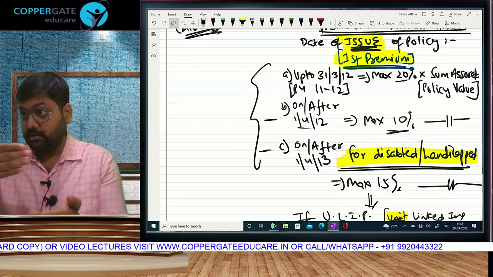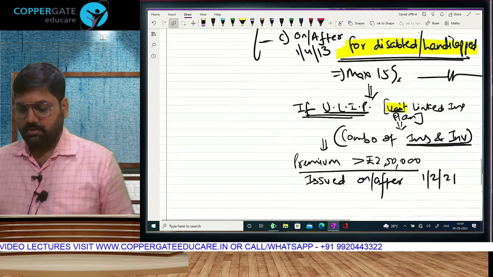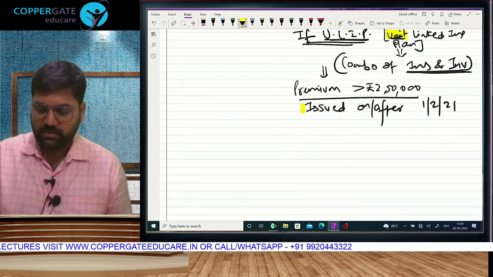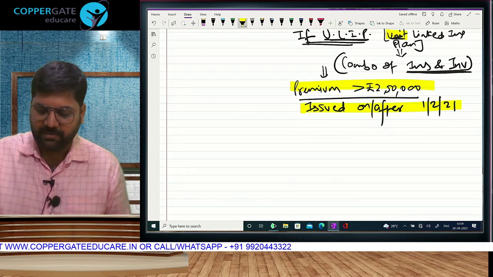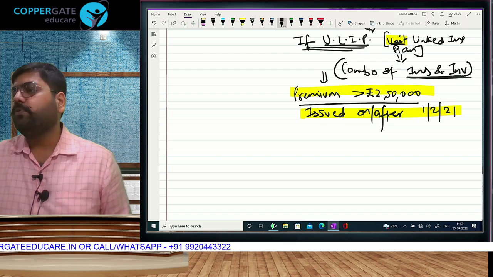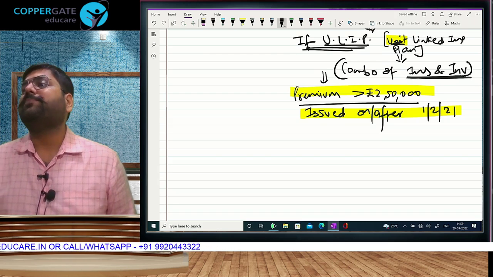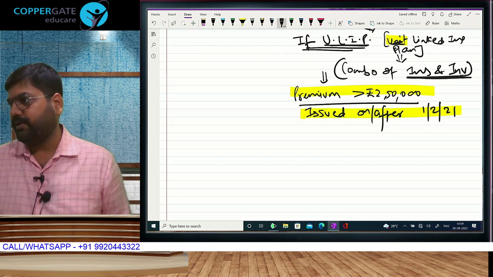Did I tell you that once you take the policy, then you have to continue? Yes or no? Then that means we will apply this only on like a prospective amendment. Only on these policies. That also if the premium is more than 2,50,000. If you are taking a ULIP and the premium is more than 250 and it is issued on or after 1st February 21.